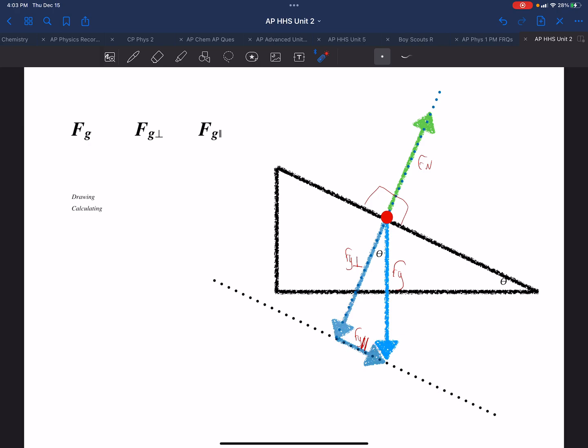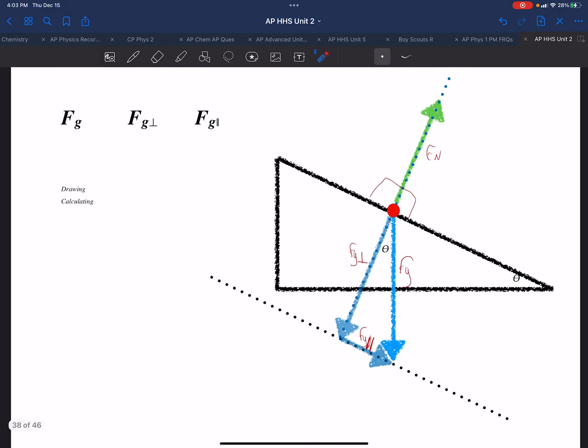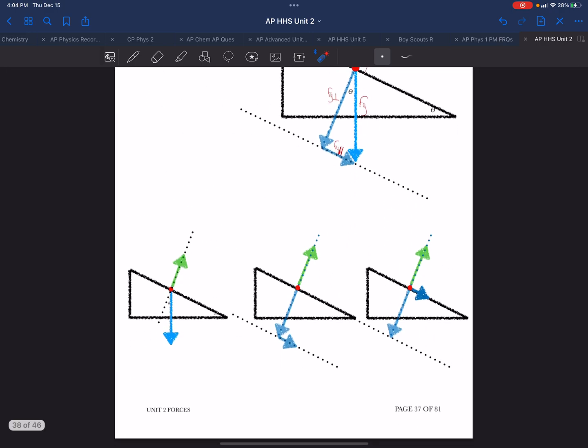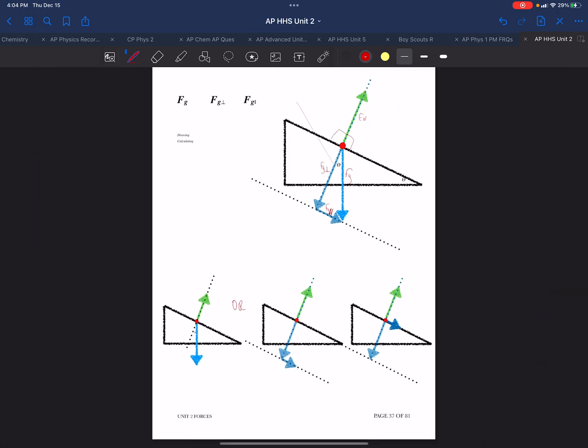Now the problem with drawing it this way: so that's the basic idea. Now let's go a little more clearly. We could draw this like so, or we can draw it as its components. We can't draw it both ways, because that means we are drawing the force of gravity twice.